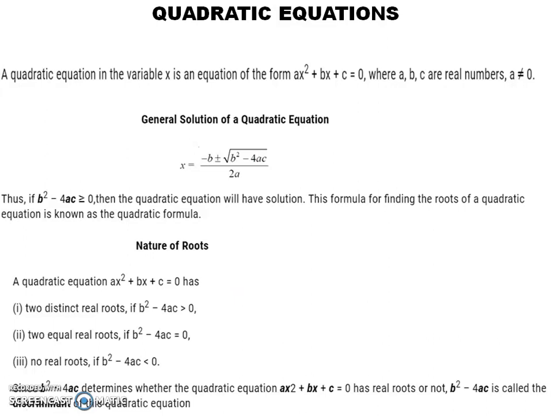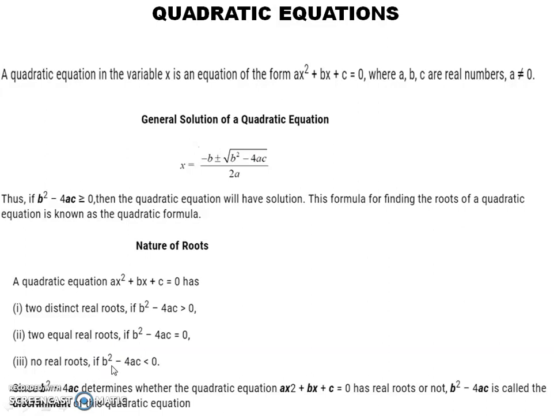If b square minus 4ac is greater than 0, we get two distinct real roots. If b square minus 4ac is equal to 0, we get two equal real roots. That is, you will get a real number.